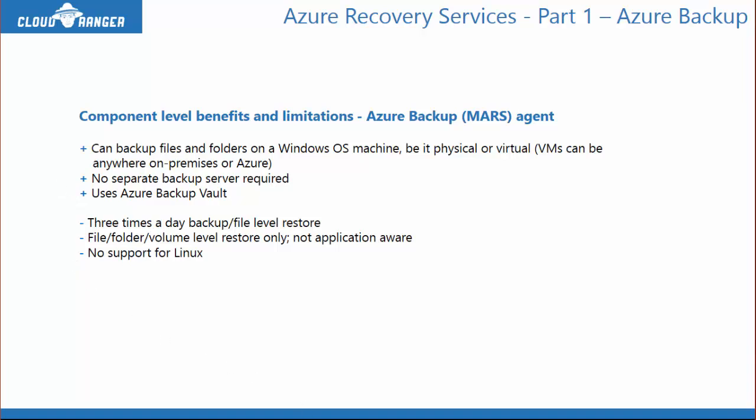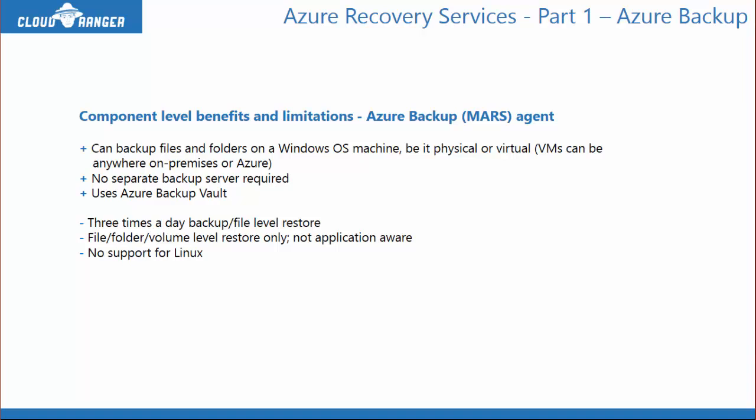So the first advantage is that you can use a backup agent to back up files and folders on Windows machines, let that be physical or virtual. So do not think that just because you have an Azure Backup Agent, you cannot deploy this from the cloud to your on-premises. You can deploy this anywhere. It could be your physical machine, it could be your Hyper-V, VMware, whatever solution you have, or it can be an Azure virtual machine.